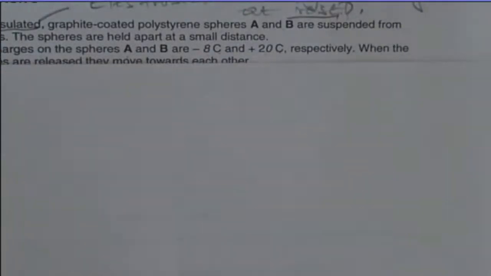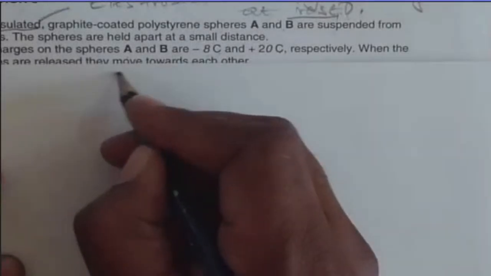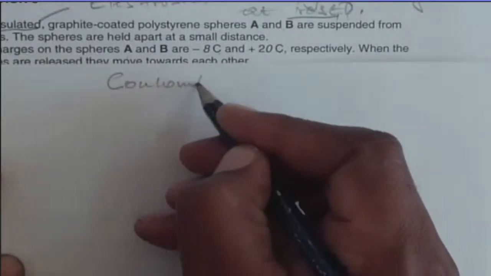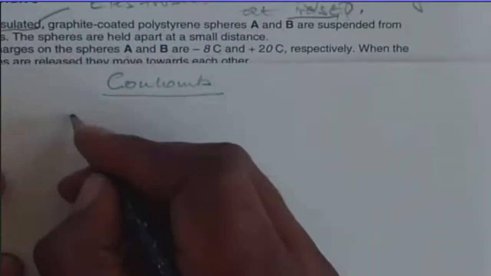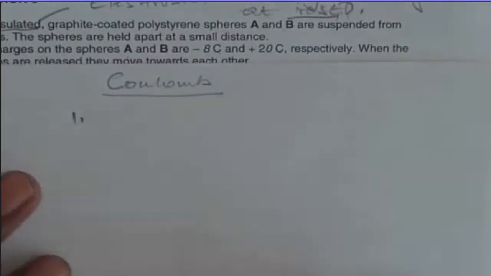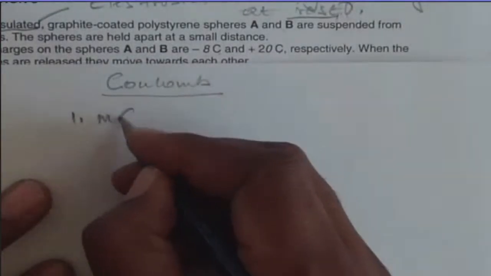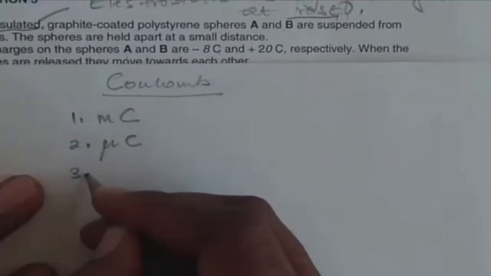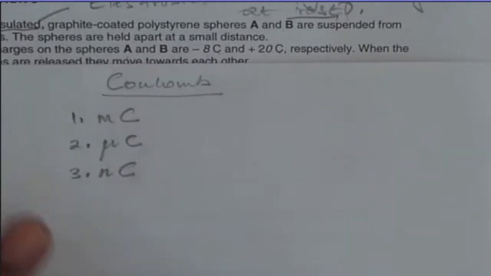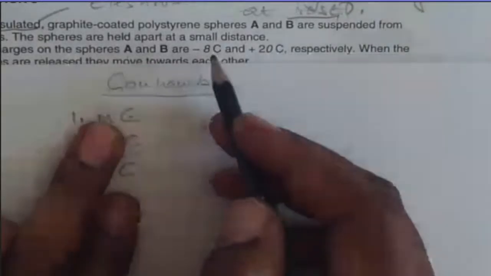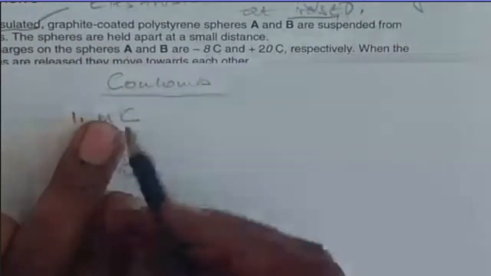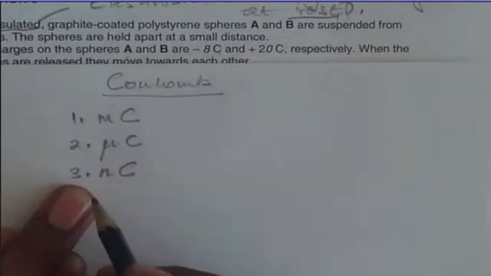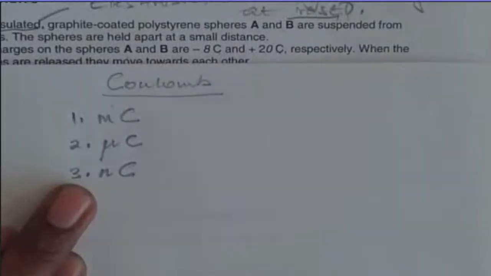Now what we need to remember is that they can give you several units of charge: the millicoulomb, the microcoulomb, the nanocoulomb. What I like about this question is that they didn't give you micro, nano or milli. That is a straightforward question.